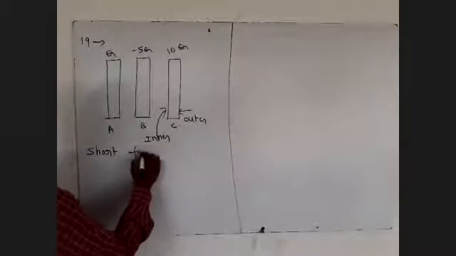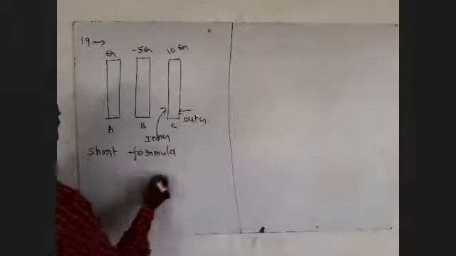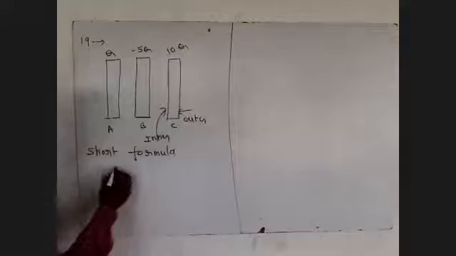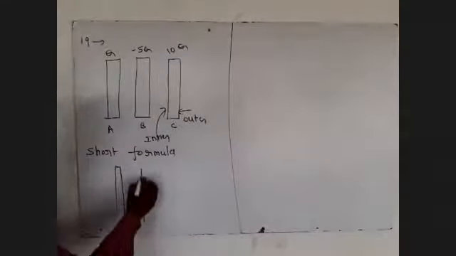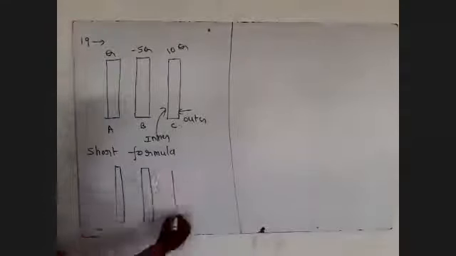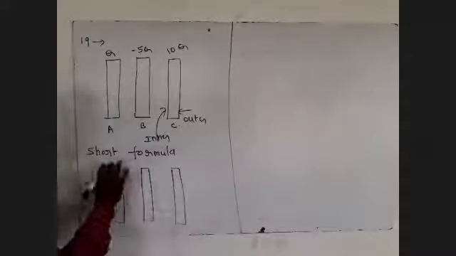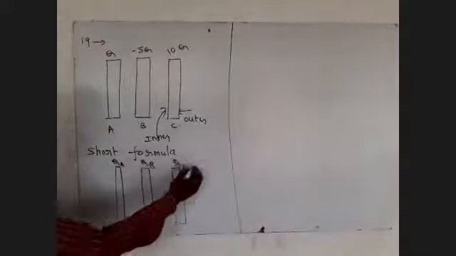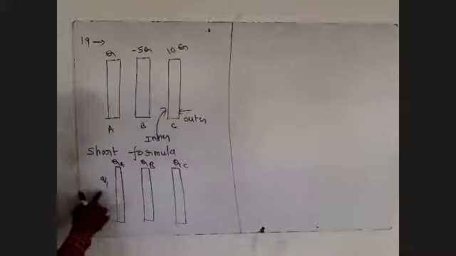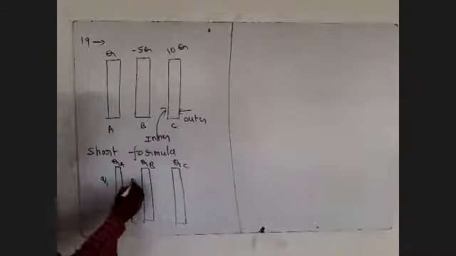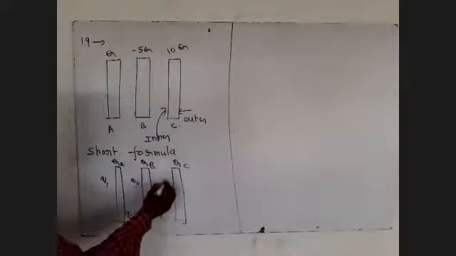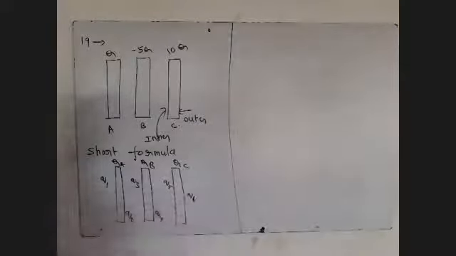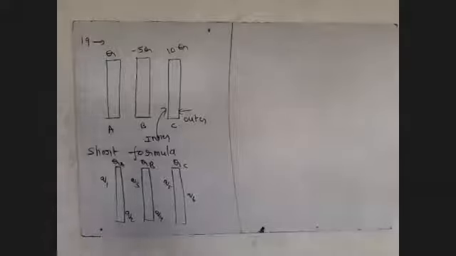The shortcut formula: this is plate 1, this is plate 2, this is plate 3. Suppose the charges are QA, QB, QC, so here Q1, here Q2, here Q3, here Q4, here Q5, and this is Q6.